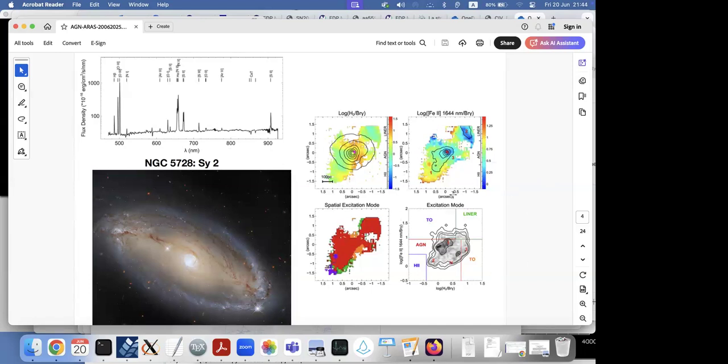This is a relatively new paper. This is what you can now do with MUSE, among others. This is integral field spectroscopy, where you can look at specific lines and map them out, and actually do it in velocity. You're getting fibers that densely cover a region.